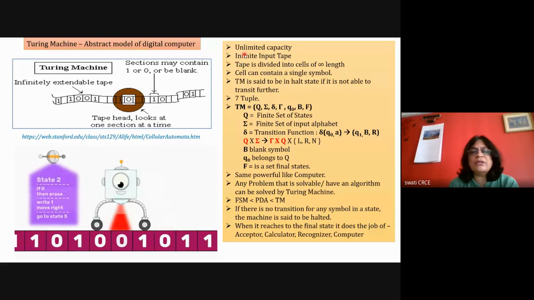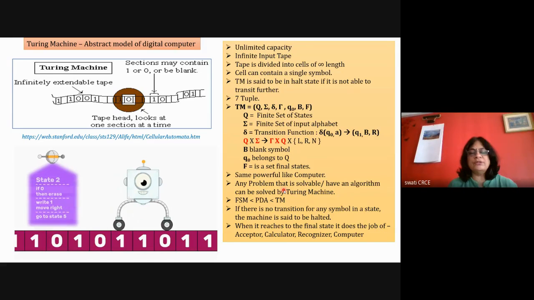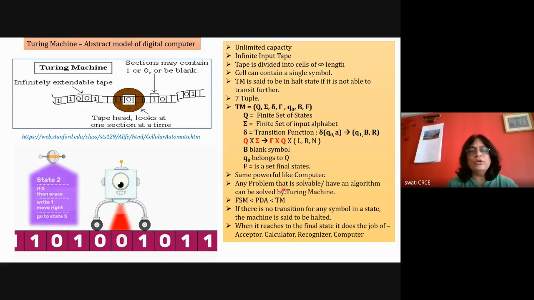Any problem that you can solve by hand, or if you have an algorithm for the problem, can be solved by a Turing machine. So if there is any problem and the problem has a solution, then it can be solved by a Turing machine. Because in the universe there are many problems which don't have any solution. If a problem is unsolvable, then it cannot be solved by the Turing machine.